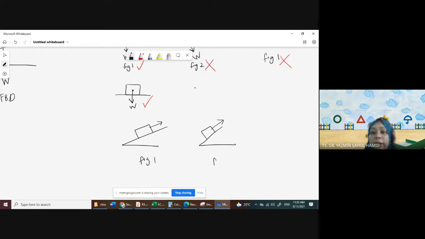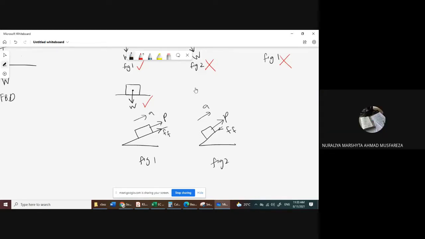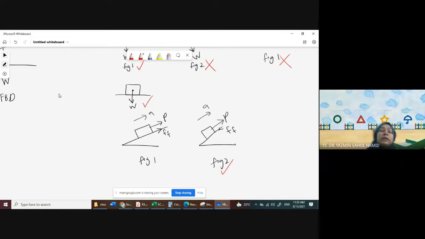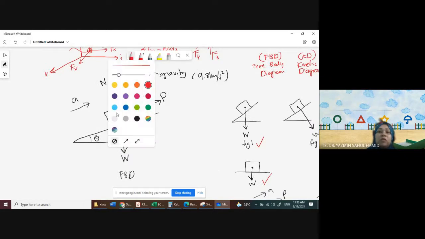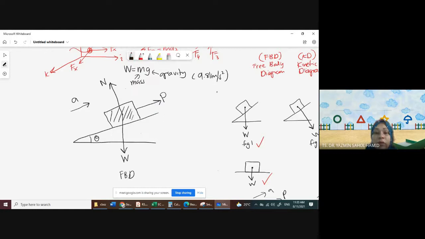The acceleration is going up, so should the friction be going up as well, in the direction of the acceleration, or should it be opposite? Figure 2, opposite. This is very important because if you make a mistake in drawing, you won't get it correct.